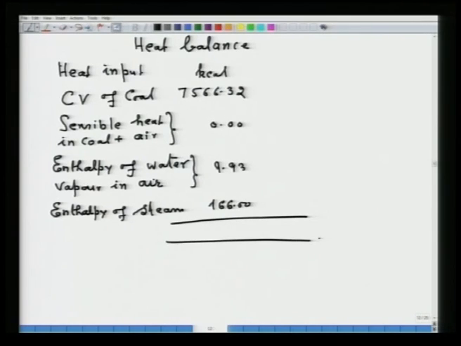So, that makes a total of 7742.25 kilocalorie, which is our heat input.